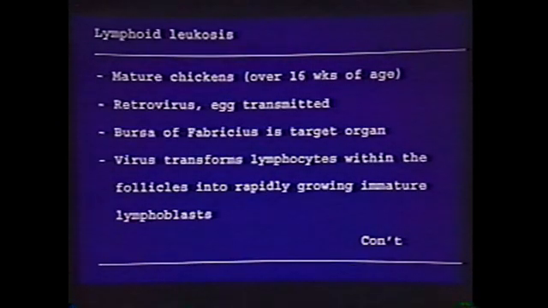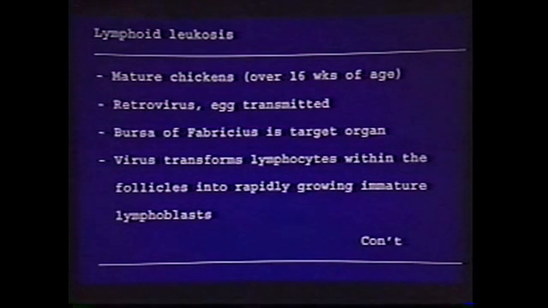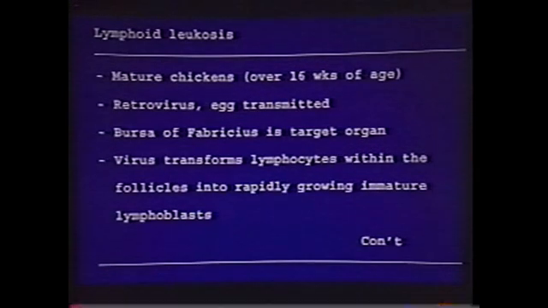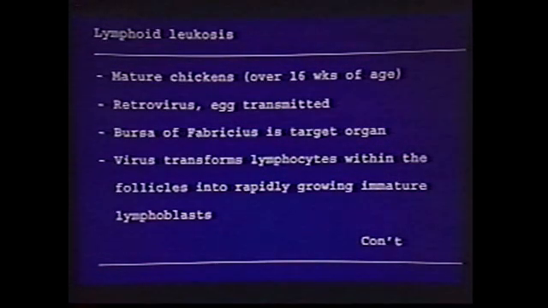Lymphoid leukosis is seen in mature chickens, over 16 weeks of age. It is caused by a retrovirus with trans-ovarian, vertical transmission. The reason for appearance of the disease in mature chickens is that the virus targets the bursa of Fabricius.